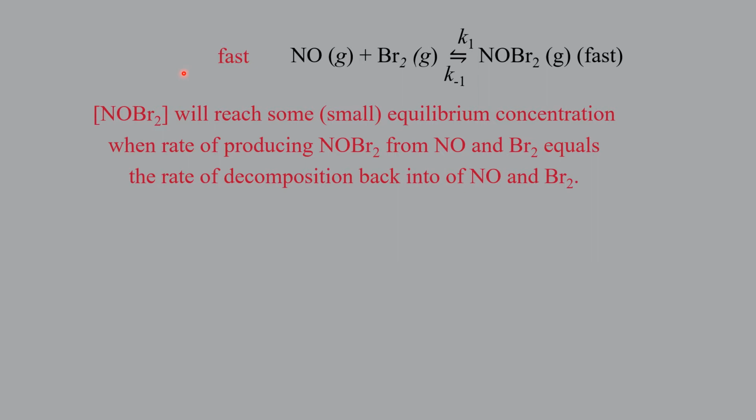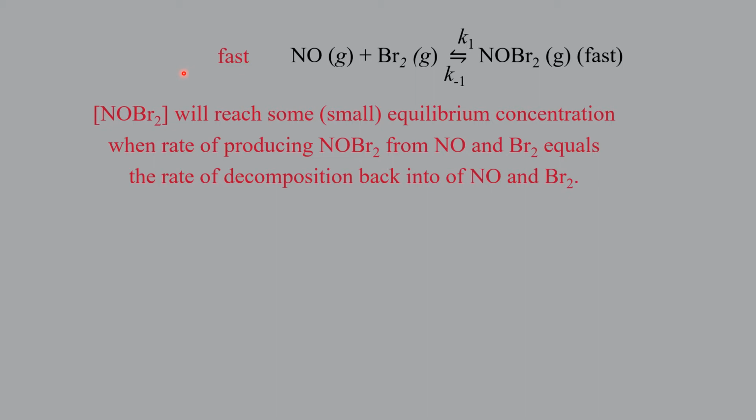But after a very, very short buildup period, the concentration actually remains pretty small and constant. And that's going to happen when the rates of the two reactions, the forward and the reverse reaction, equal out.